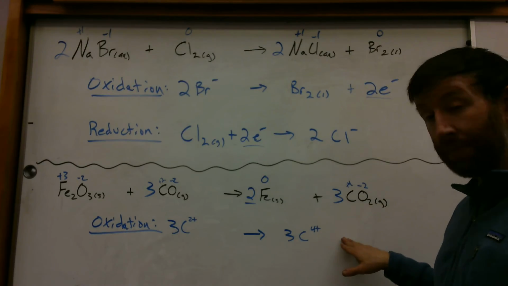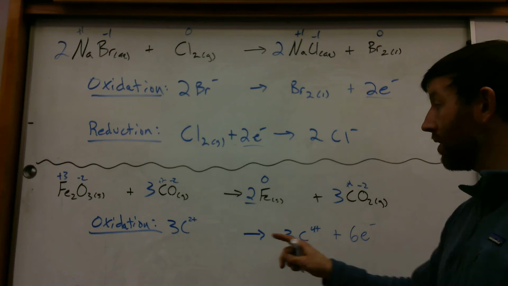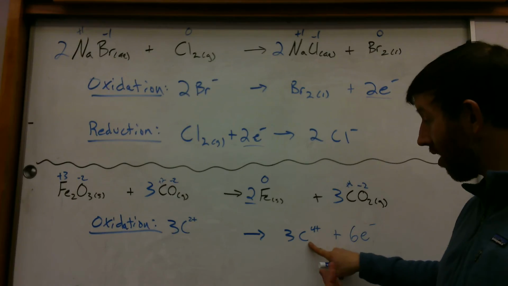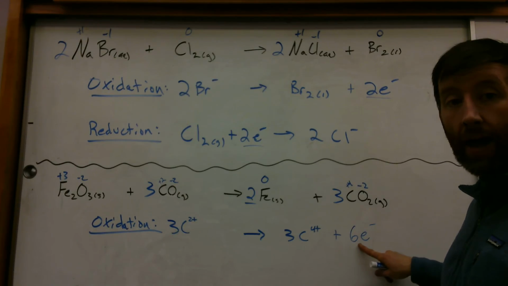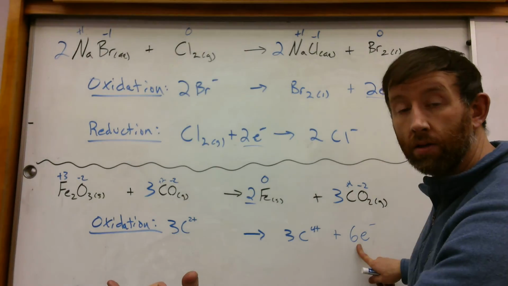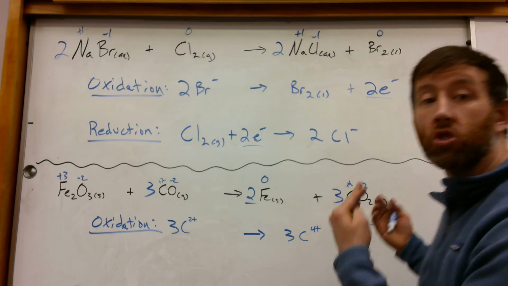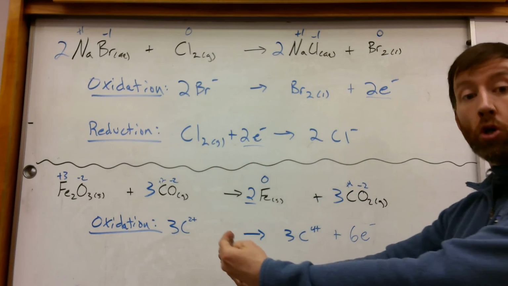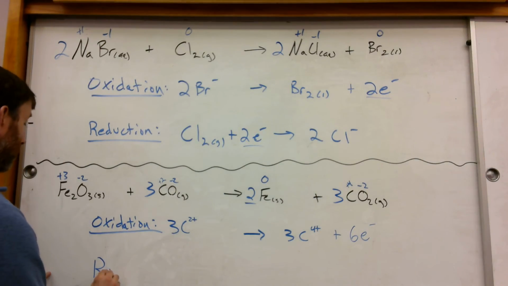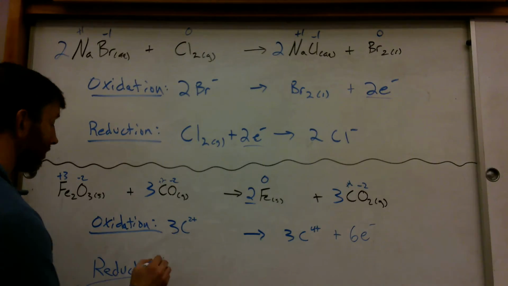All right? So in my oxidation step, I'm showing that these 3 carbons with an oxidation of +2 become these 3 carbons with an oxidation of +4, and in doing so are separating 6 electrons from them. Now in reality, these electrons are transferred from the carbon to whatever is reduced. So my reduction occurs here.